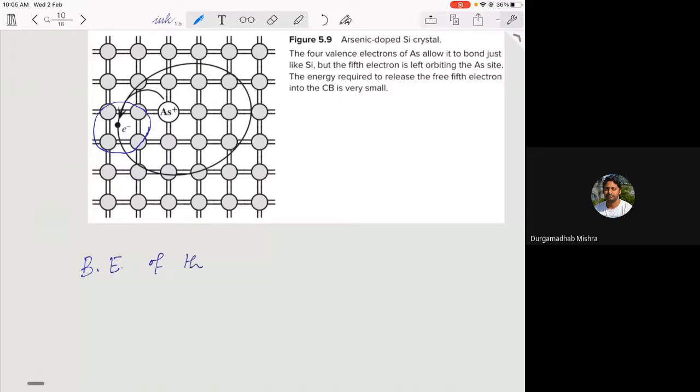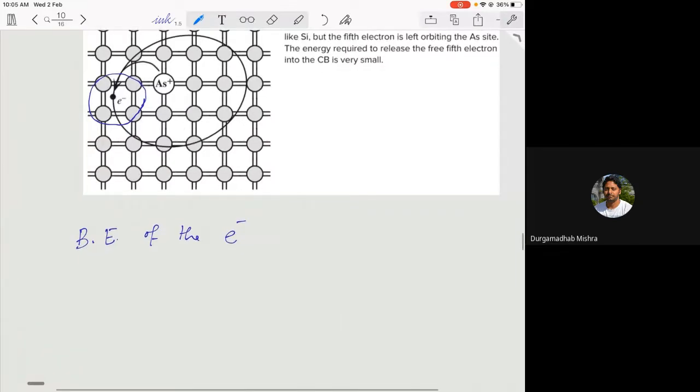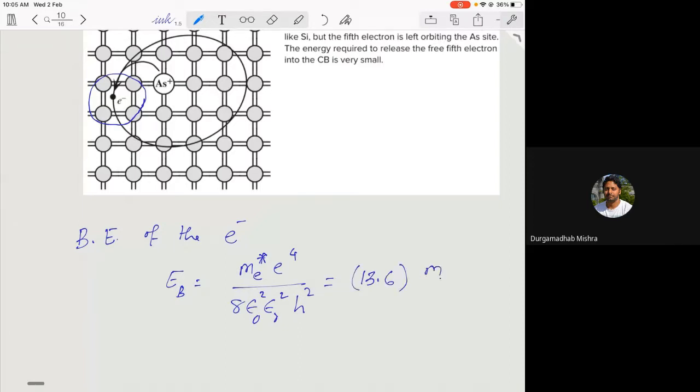The binding energy of the electron we can calculate using the simple Bohr model, which is given by E equal to me star e to the power 4 divided by 8 epsilon square epsilon r square h square. In terms of the binding energy of hydrogen, you can write it as me star by me divided by epsilon r square, in electron volt.